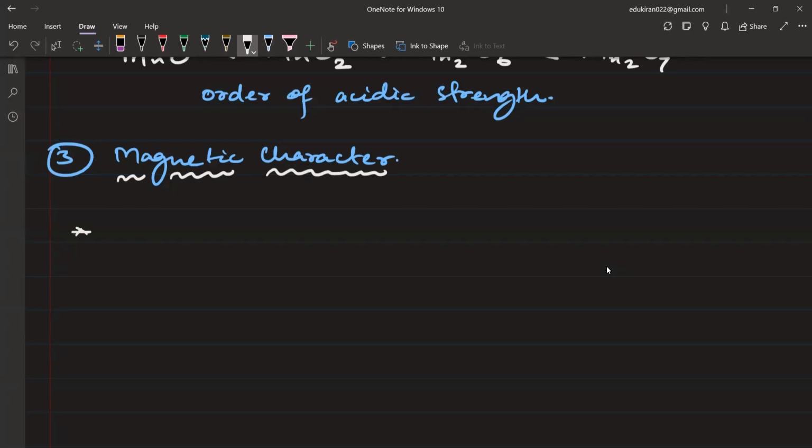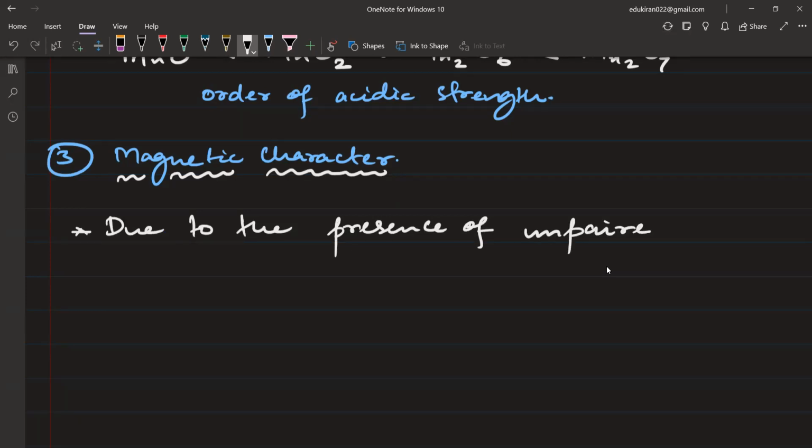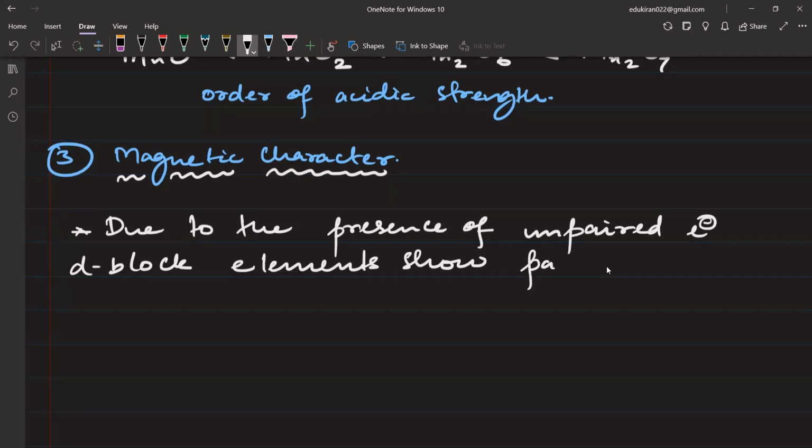Due to the presence of what? Unpaired electrons. Due to the presence of unpaired electrons, d block elements show paramagnetism.